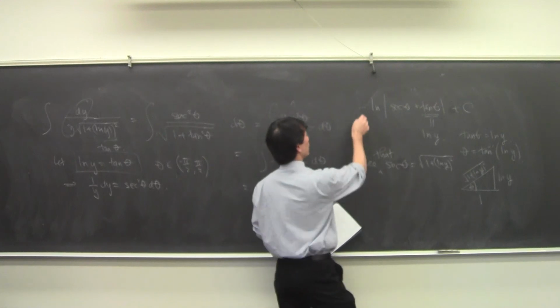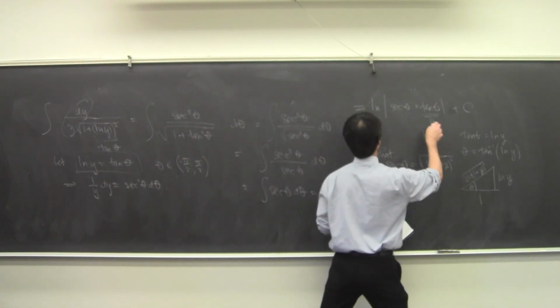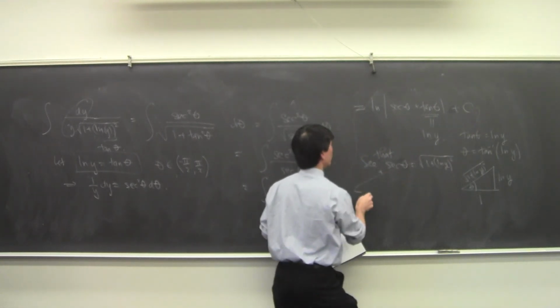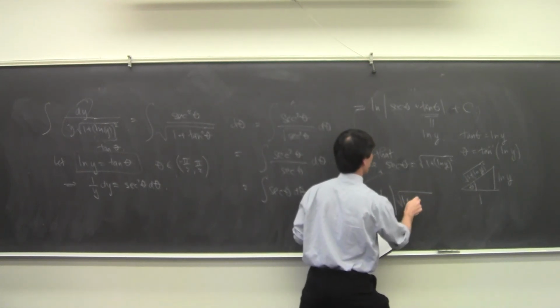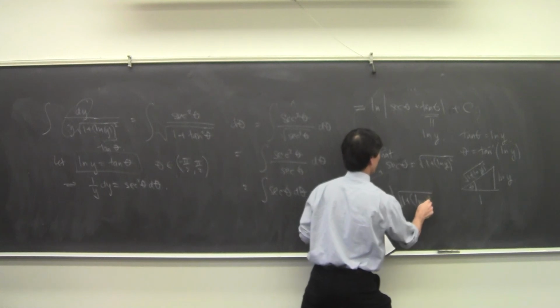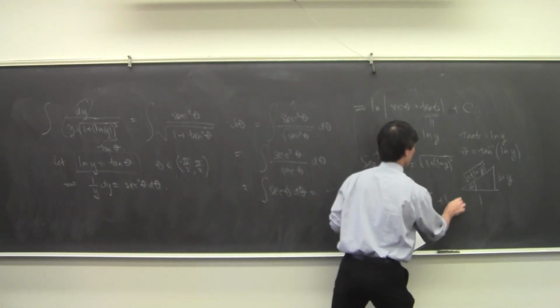Right? And so what do we get? We get the natural log of the absolute value of square root of 1 plus natural log of y squared, plus natural log of y, plus c.